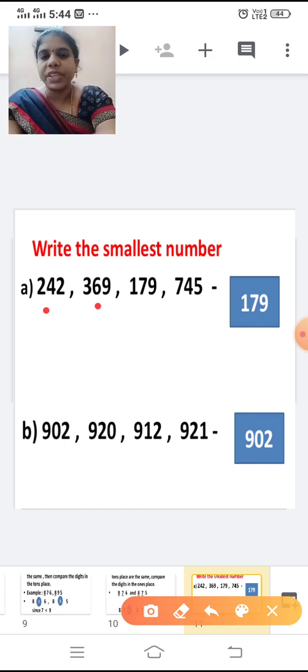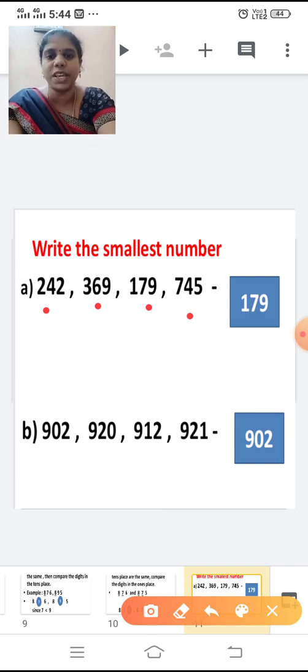242, 369, 179, 745. I'll repeat it one more time. 242, 369, 179, 745. Now we are going to write which is the smallest number.